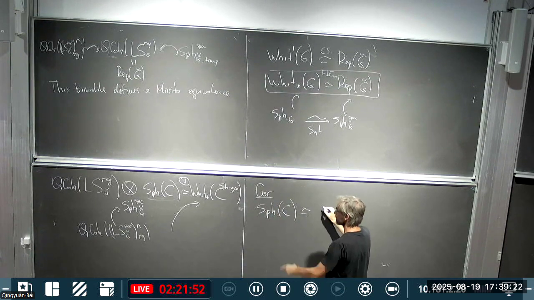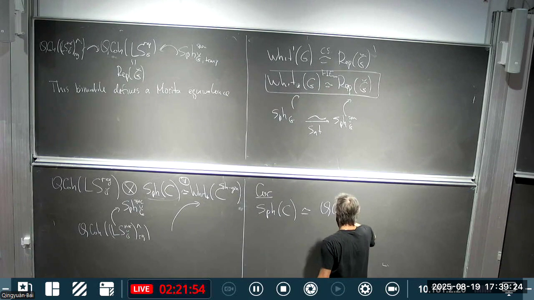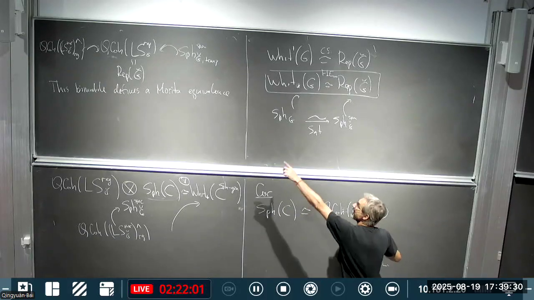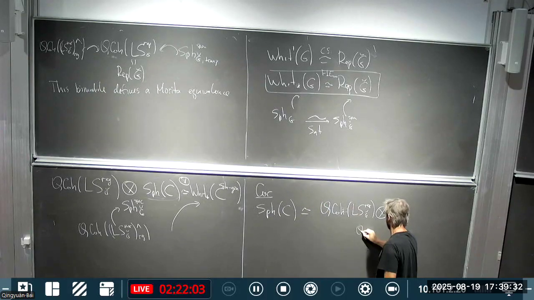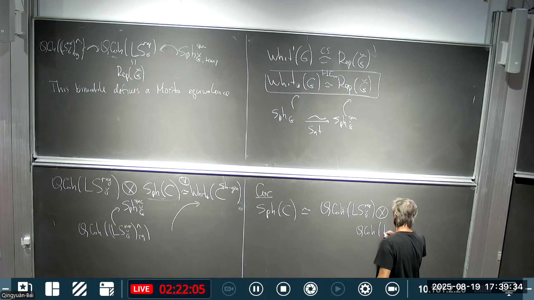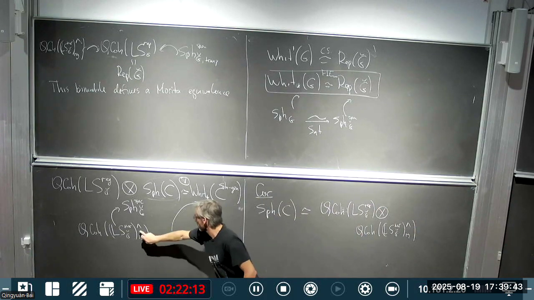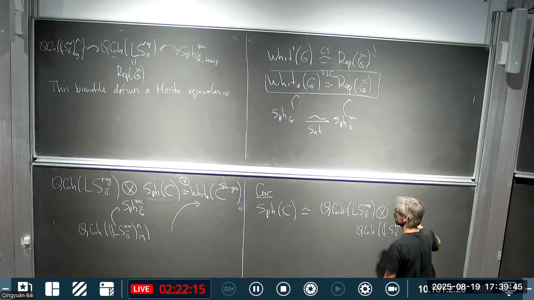You can recover it as QCoh of Loc_G reg, G check tensor over this acting algebra on the left, Loc_G meromorphic, G check formally completed around the regular locus, with this, which for now is acted on by this.